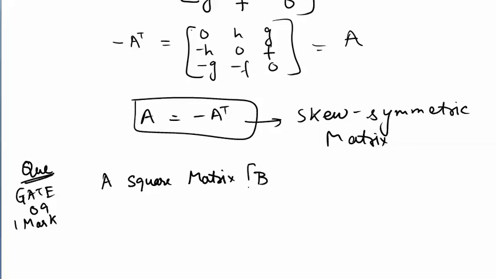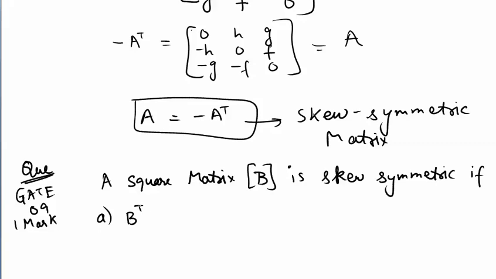B is skew symmetric if. The options were: Option A, B transpose is equal to B. Option B, B transpose is equal to B inverse.